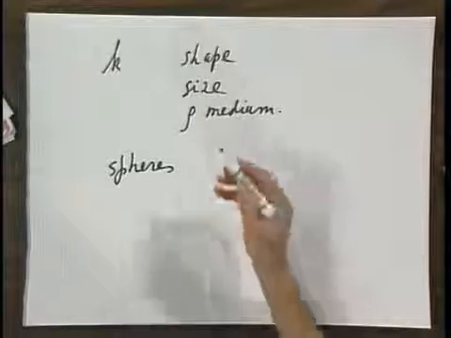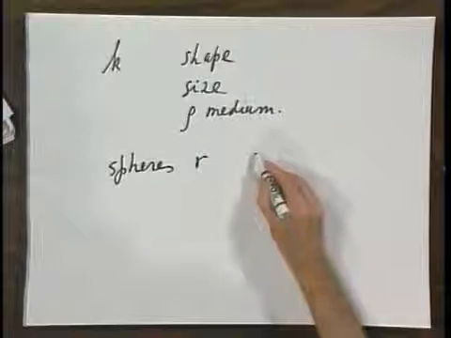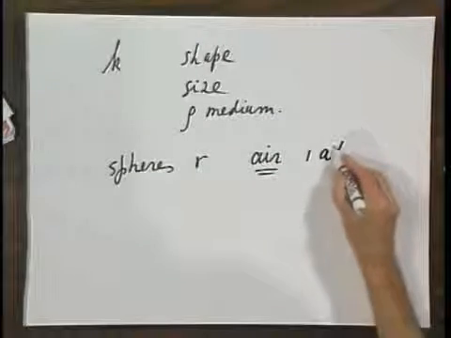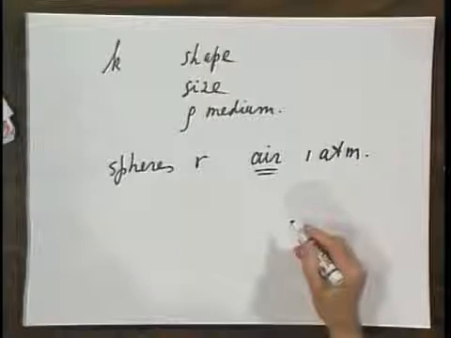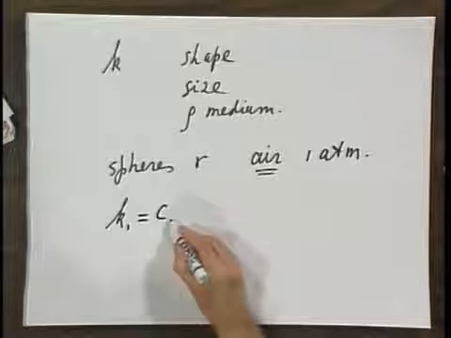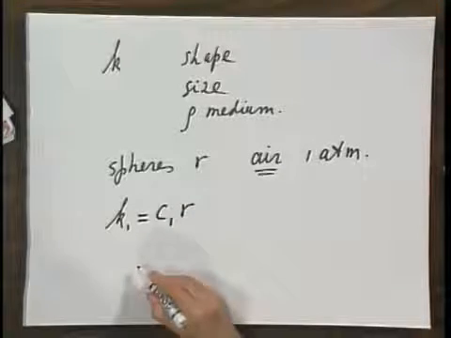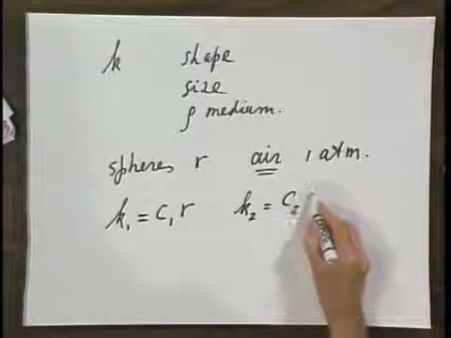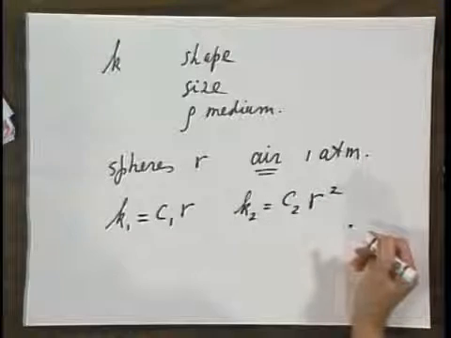So we have a certain radius r, and I'm going to restrict myself to air, and I do that at 1 atmosphere. K1 is then given by C1 times r, and K2 is then C2 times r squared.